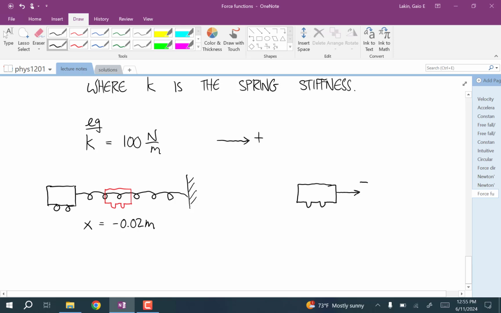Well, negative kx is negative 100 times negative 0.02, because we've moved the object in the negative direction. And we get the double negative, and so this comes out to be positive 2 newtons. So we have a positive 2 newton force pointing to the right, which is just what we expected intuitively.